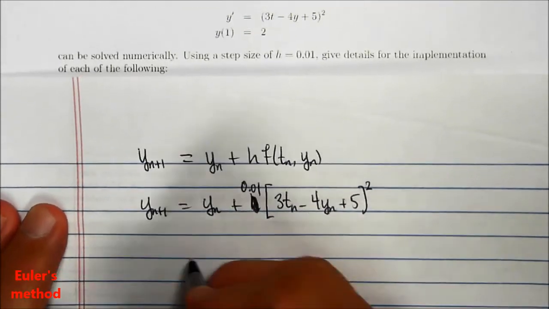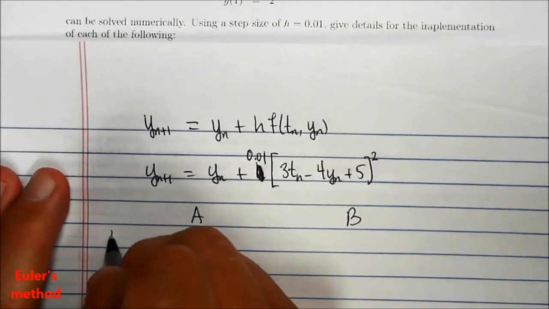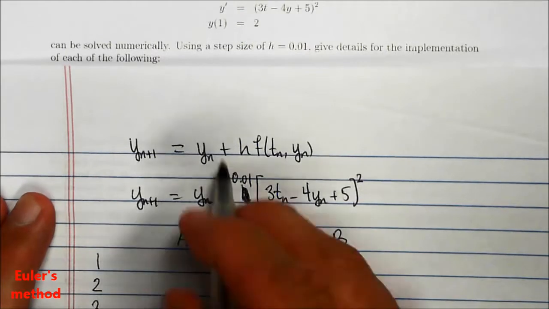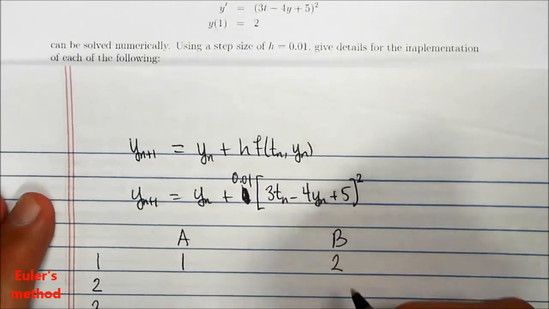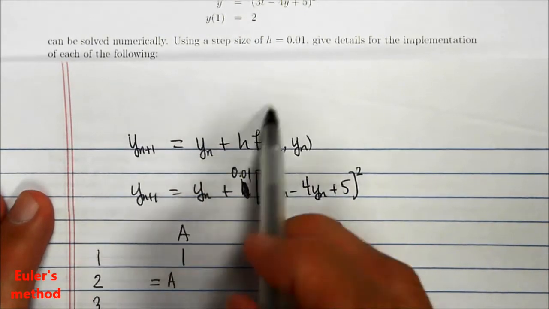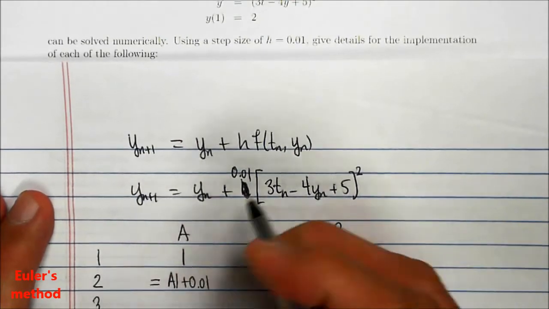A simple way to do this is with a spreadsheet. Imagine column A and column B of a spreadsheet, rows 1, 2, 3. The initial condition is that y of 1 is equal to 2, so at time 1, the function is equal to 2. Then I increase my time by 0.01, so A1 plus 0.01.